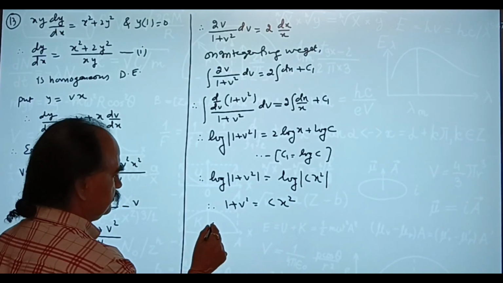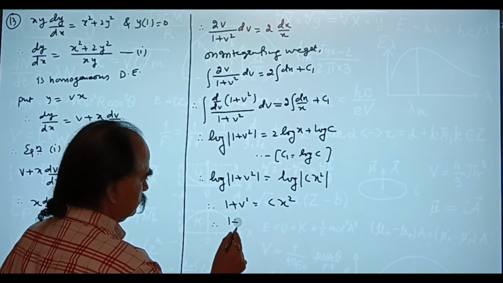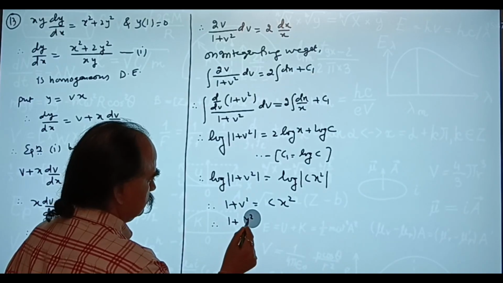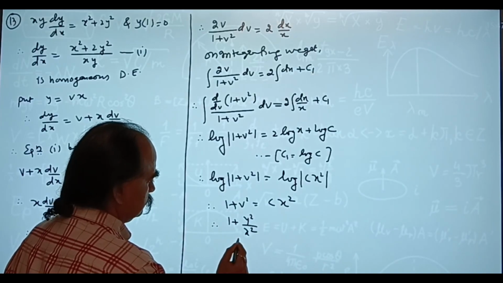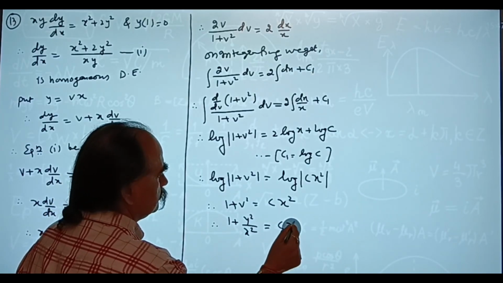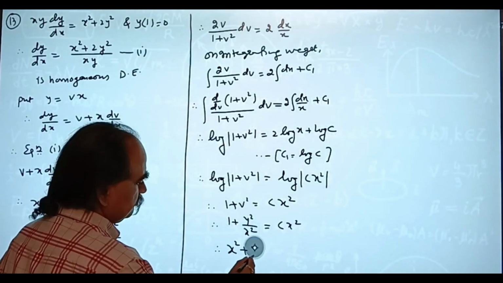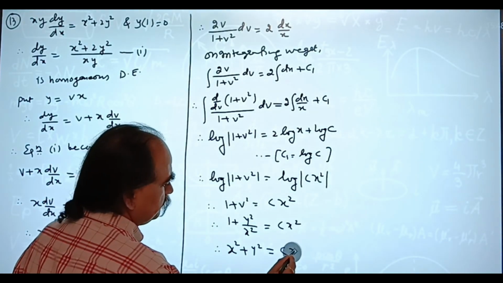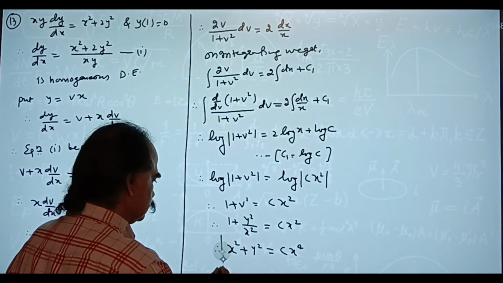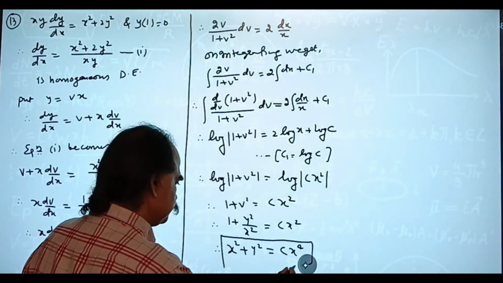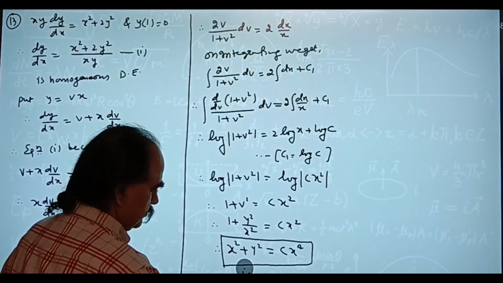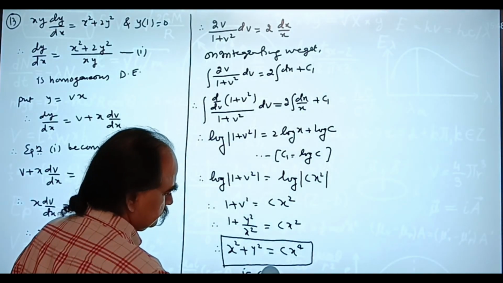Cx square. x square plus y square is equal to c x raised to 4. Is general solution.